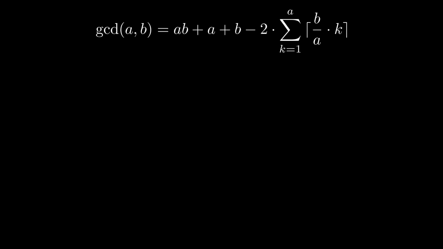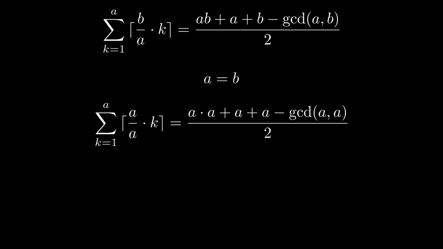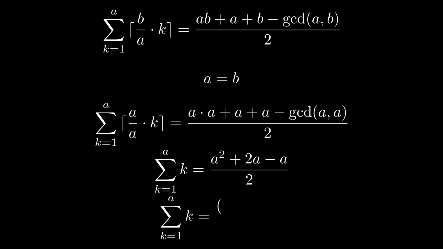But now we can rearrange this equation for the sum and set a equal to b. Now if we replace all the b's with a's, now we see that the sum from k equals 1 to a of k, so just the sum of the first a natural numbers, is equal to a plus 1 times a over 2, which is exactly the little Gauss sum formula.